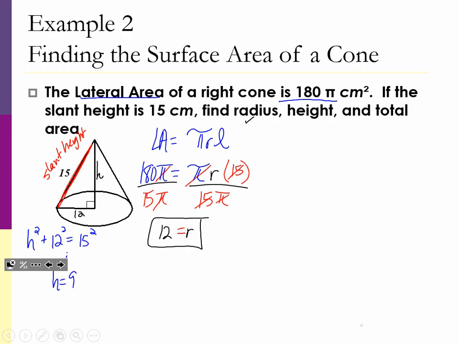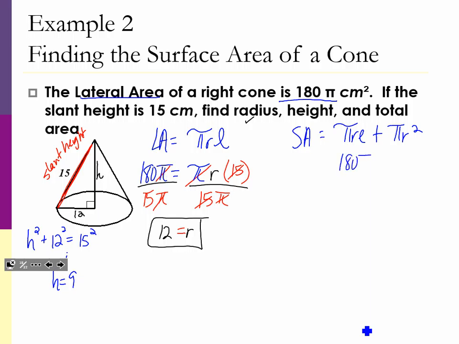Sorry. All right, so we got the height, and the last thing they want us to do is find the total area. So to find the total surface area, our formula is πrL plus πr squared. We already know the lateral area because that's the πrL.